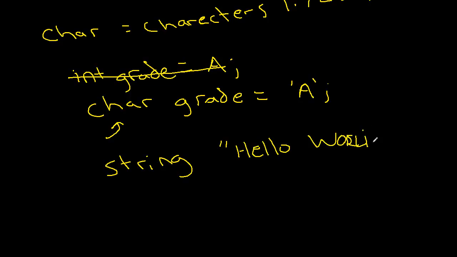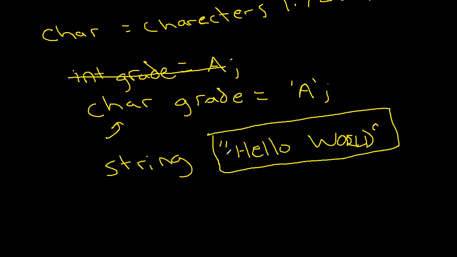C does not have an explicit string type built in. It treats things like this, which we were printing out earlier, as arrays of chars. So each one of these is a separate char held in a data structure that we haven't covered yet, right?